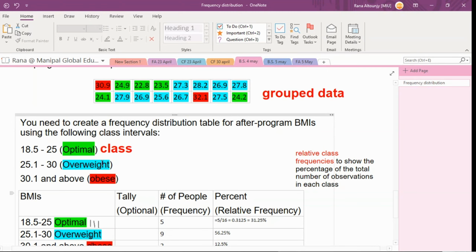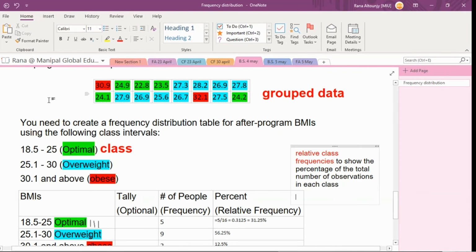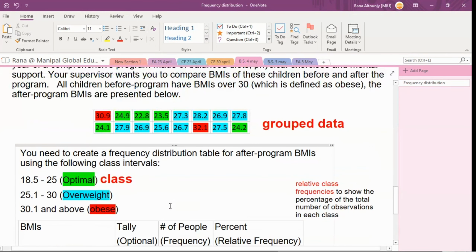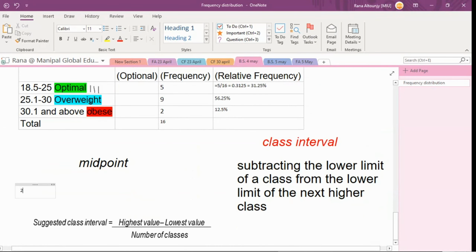We add 3.1 to it. So the minimum one is 22.8, we add 3.1, and this is the first class.